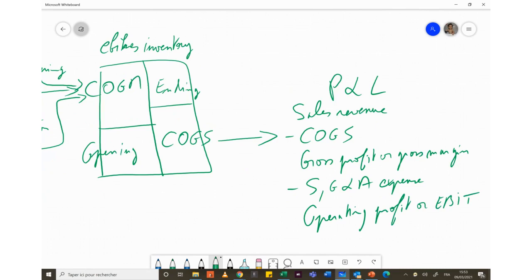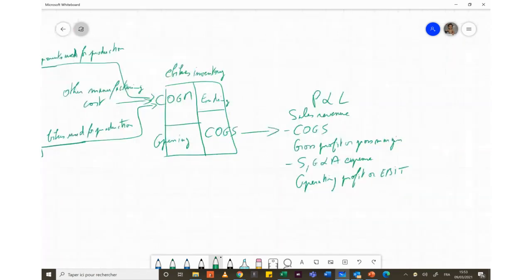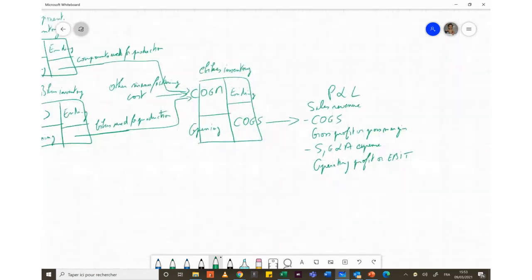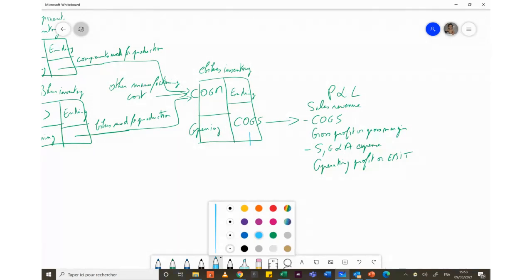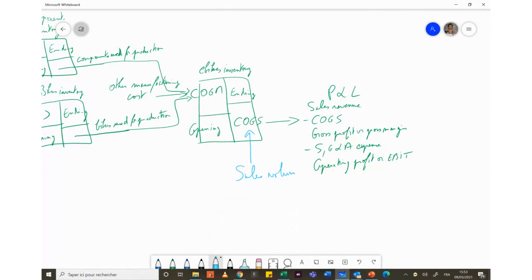So the cost of goods sold is in function of the sales volume. So here is in function of the sales volume. The cost of goods manufactured is in function of the production volume.